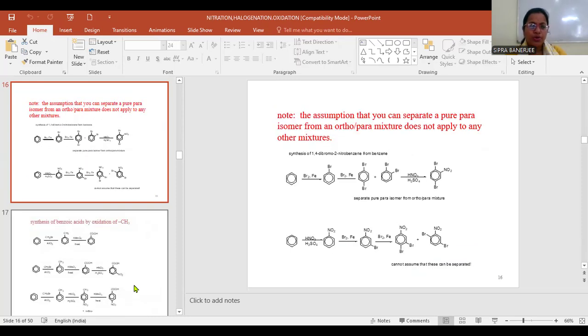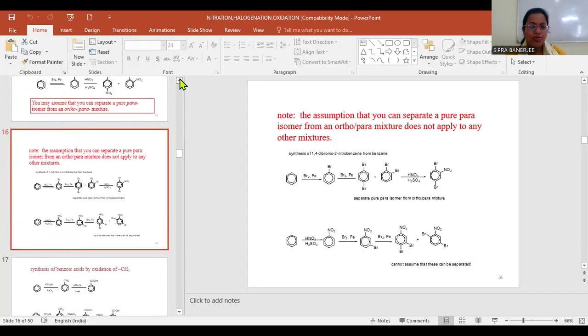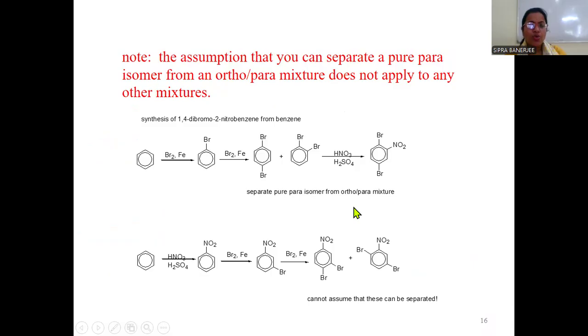So here, if the order of the reagents is changed, then there will be production of a different substance. So the assumption that you can separate a pure para isomer from an ortho mixture does not apply to any other case. That means, synthesis of 1,4-dibromonitrobenzene from benzene: you can see bromine and iron reacted and it is formed.